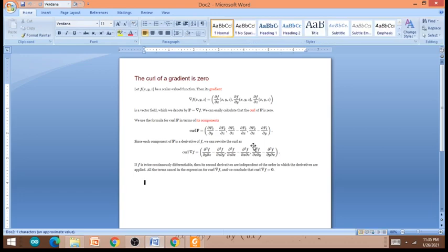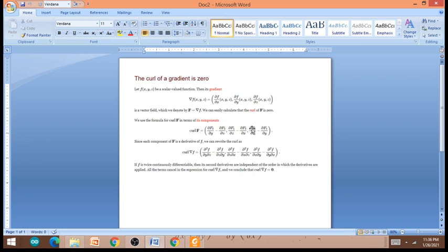The curl of a gradient: let us say we have a function f of x, y and z, that is a scalar function. So a gradient is possible. I took the gradient of the scalar function: del f by del x, del f by del y and del f by del z. After that, the gradient of f will be a vectorial function. If it is vectorial, I can go for the curl of it. If I denote the gradient of small f as capital F, then the curl of capital F is always zero.